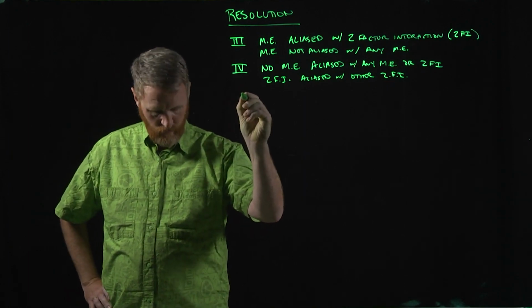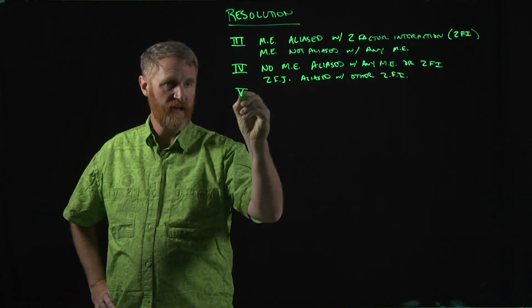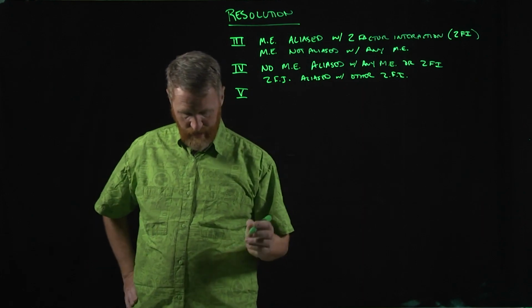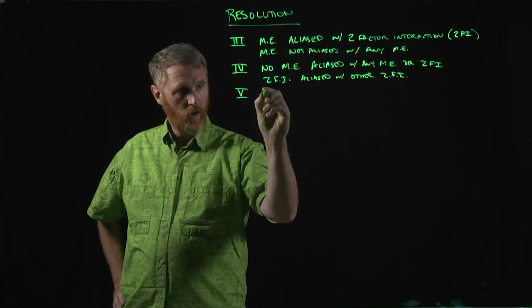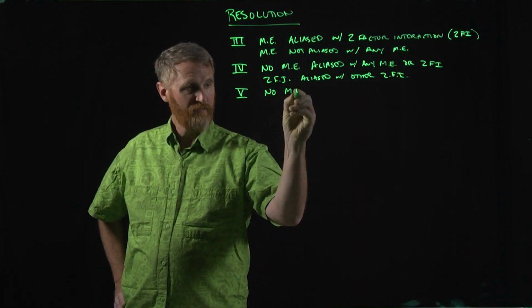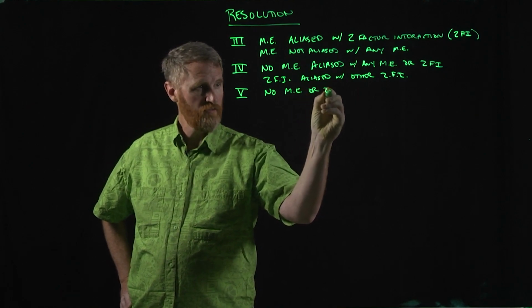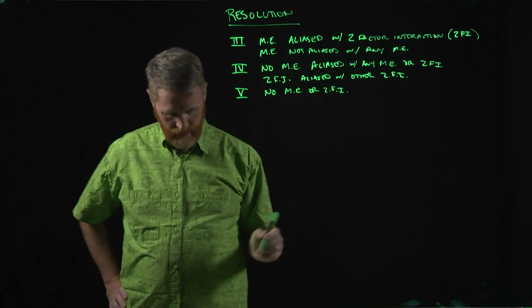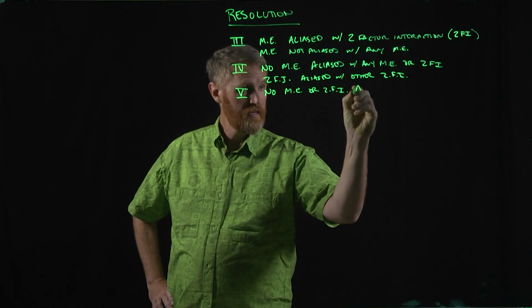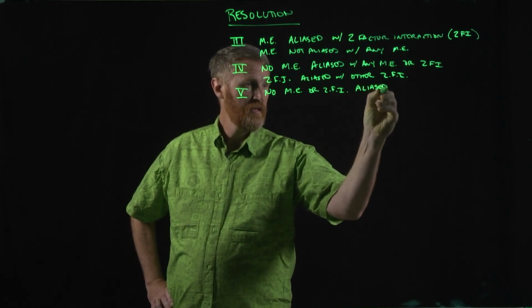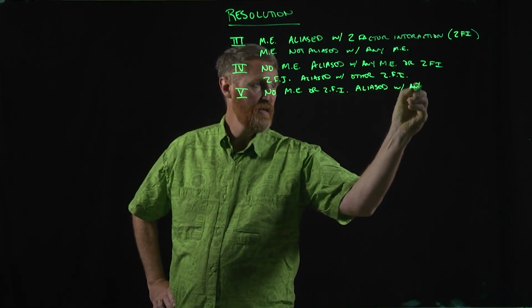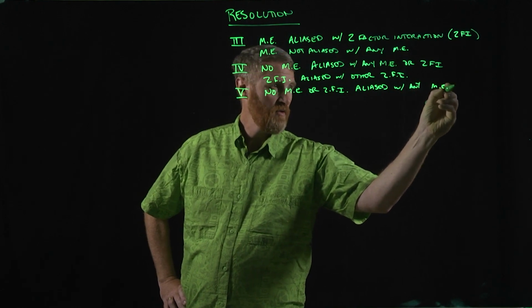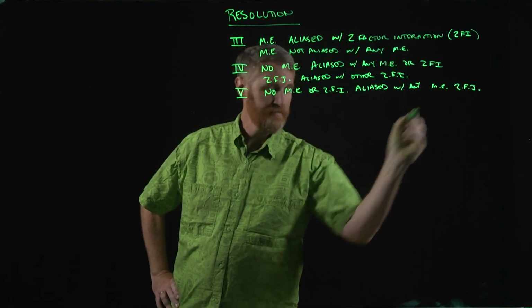And then the last one we're going to discuss today is 5. Resolution 5 is no main effect or two-factor interaction is aliased with any main effect or two-factor interaction.